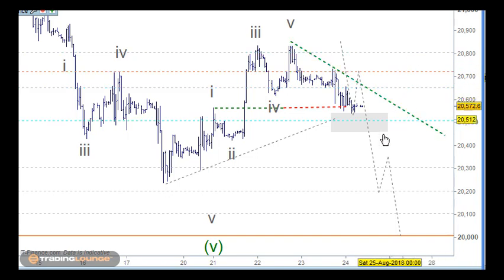You can go long, but otherwise we need to look at this moving lower. There's definitely going to be support here on the 20,500, and I had the stop under here, I think, and if you wanted to, you can keep the stop under here, but I just wanted to get to break even.